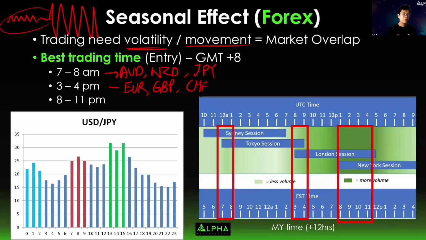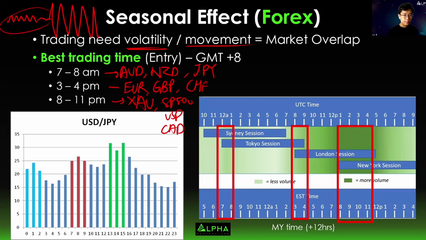If the market you're focusing on is Euro, GBP, or CHF, then that is the best timing to trade. If the market is related to gold, S&P 500, anything related to US stocks, USD, CAD, then the best timing is 8:11 p.m., which is right now.